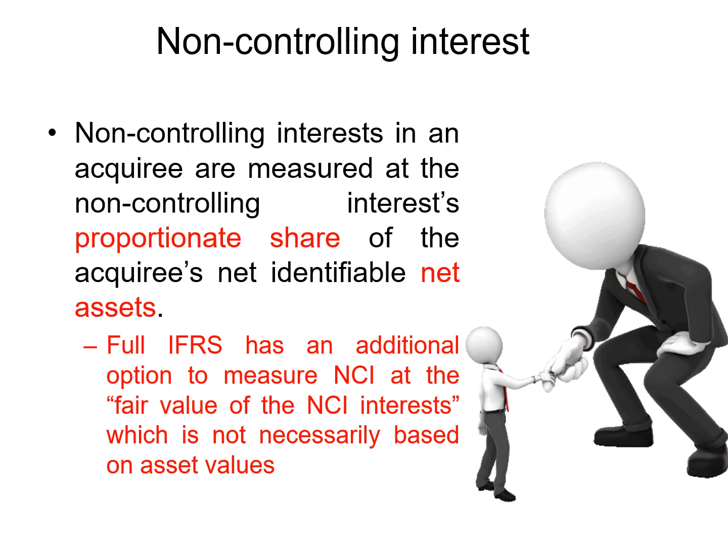I mentioned minority interests earlier on. Your non-controlling interests are measured based on the non-controlling interest's proportionate share of the acquiree's net identifiable net asset position. Now remember, this differs from full IFRS, where full IFRS allows us to use the fair value of the minority interest.